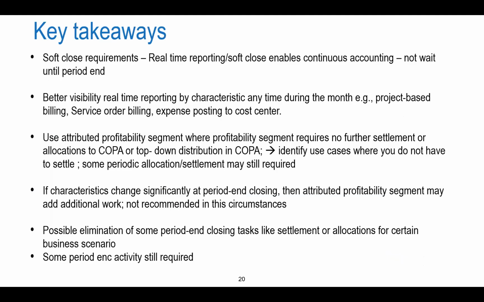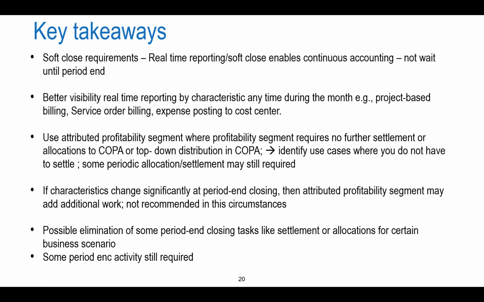So what are the key takeaways from this session so far, what we have gone through? One of the biggest advantages is soft close. So you can do continuous accounting throughout the month. Let's say I'll give an example. You want to accomplish your sales target. You are in the middle of the month. You want your sales team to achieve a certain percentage.